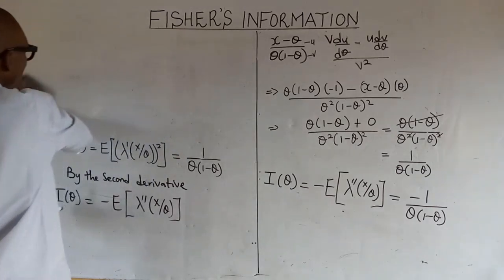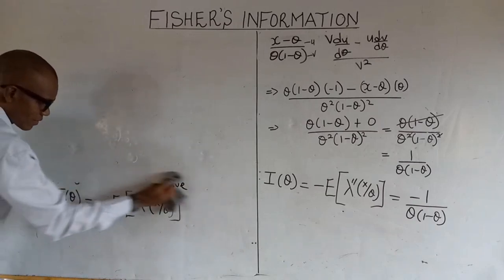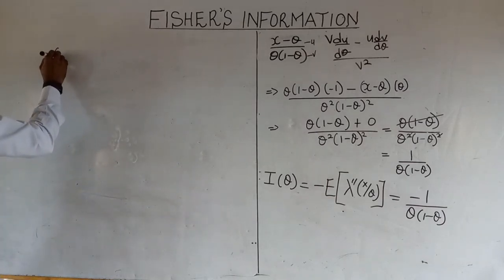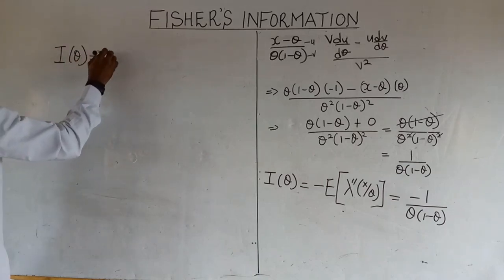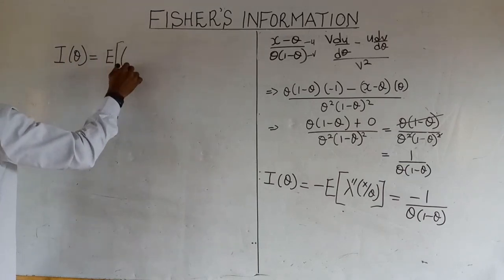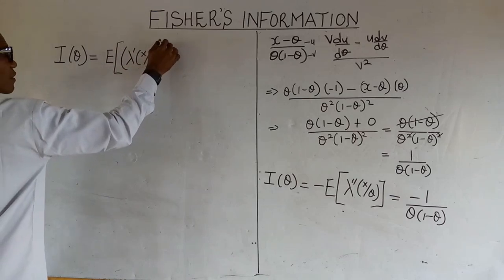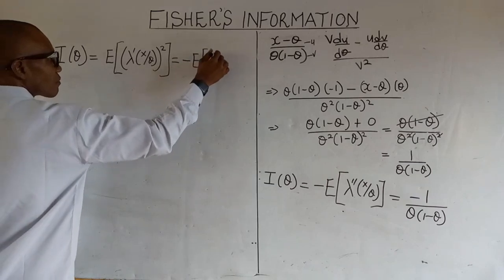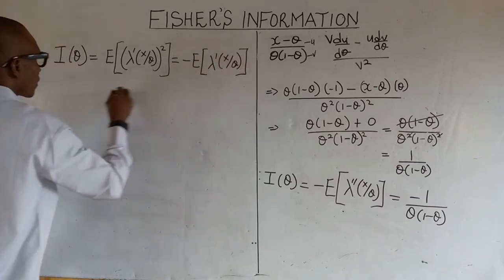That is to say, generally, that the Fisher's information for the first derivative and the second derivative is equal.